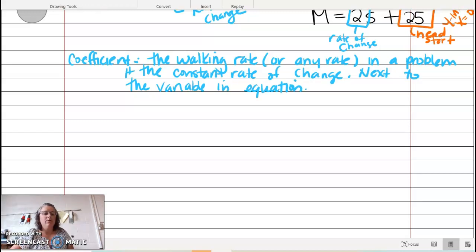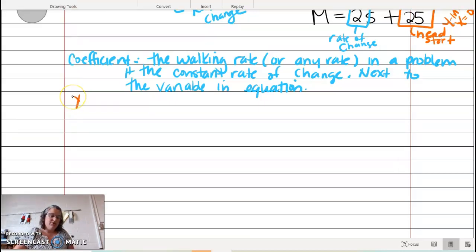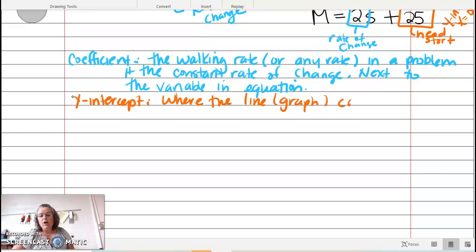All right, we're going to grab the orange one again. And then I'm going to look at y-intercept. It's where the line, the graph, crosses the y-axis.